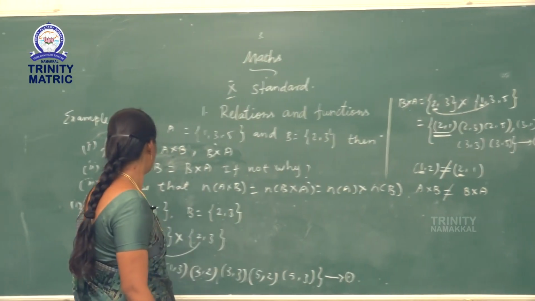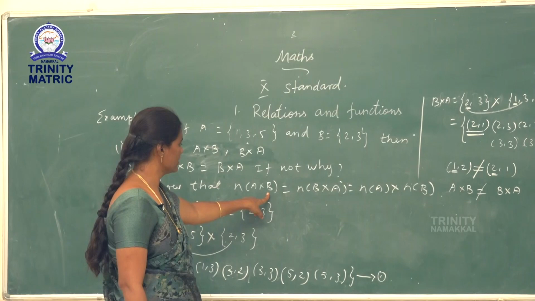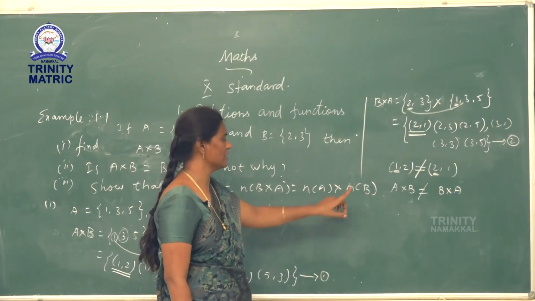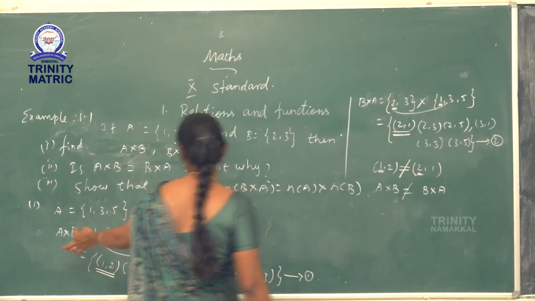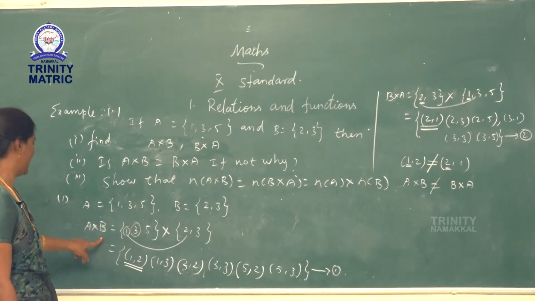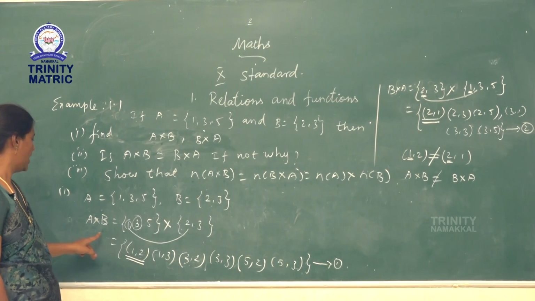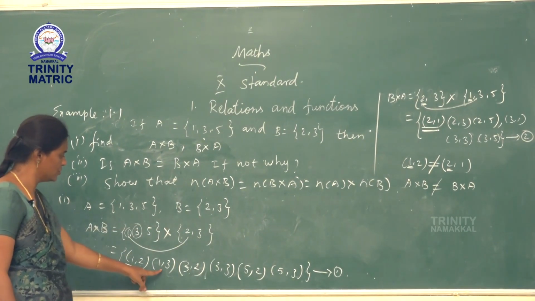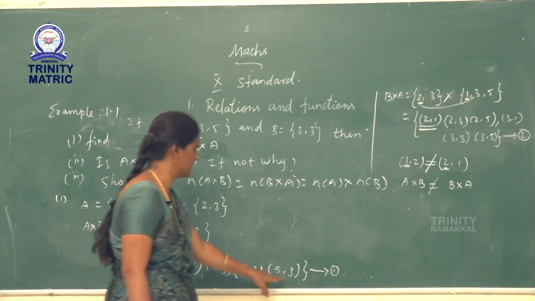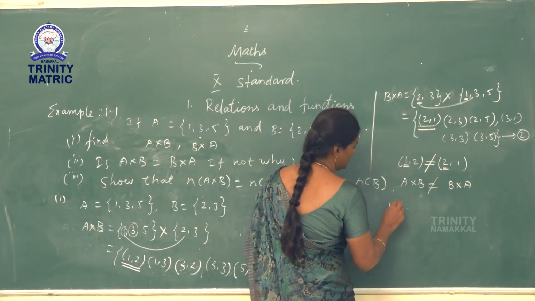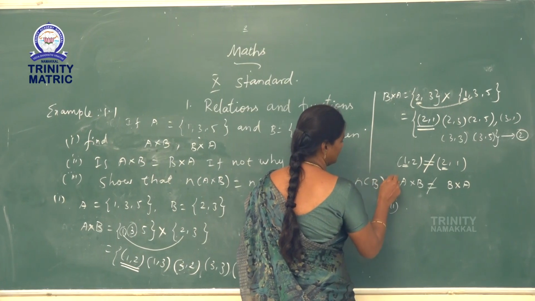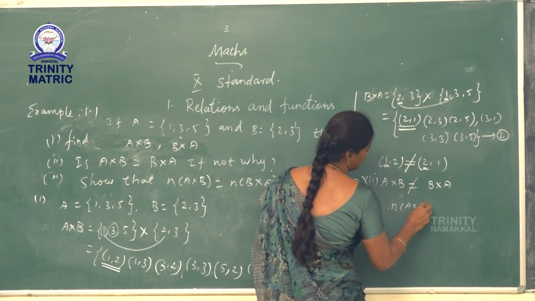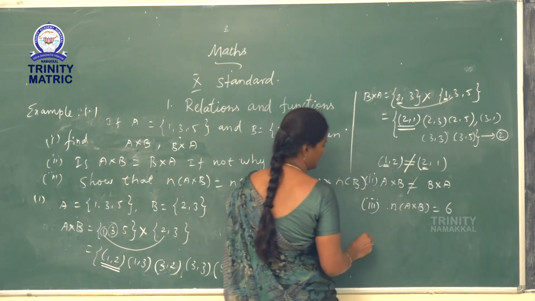Then the third one is to show that n of A cross B is equal to n of B cross A, which is equal to n of A into n of B. See here, this is A cross B. N of A cross B means how many elements are in the set A cross B. Here 1, 2, 3, 4, 5, 6, six ordered pairs. So n of A cross B is equal to 6 elements.